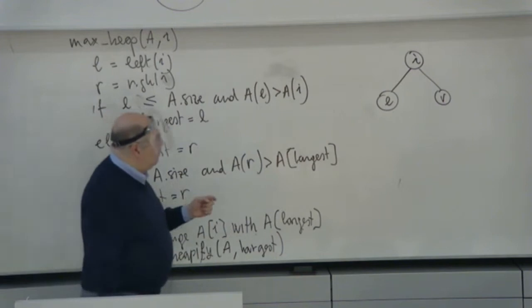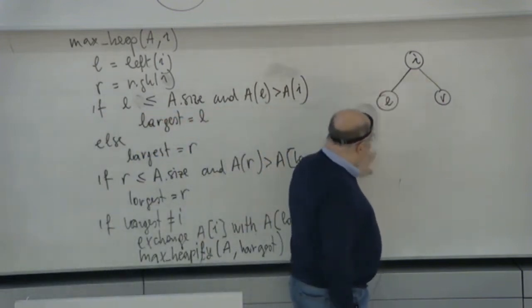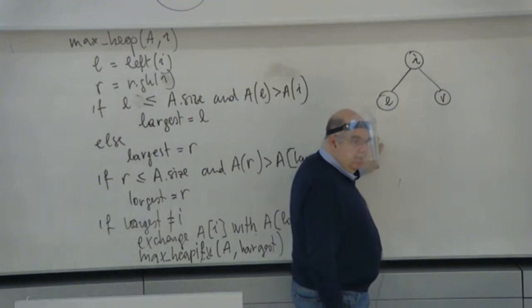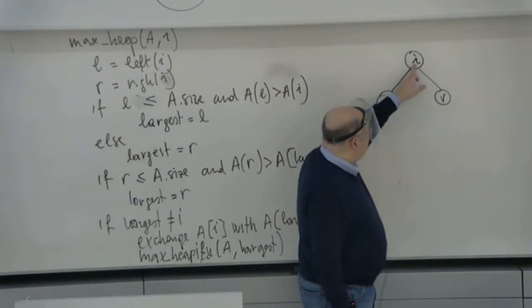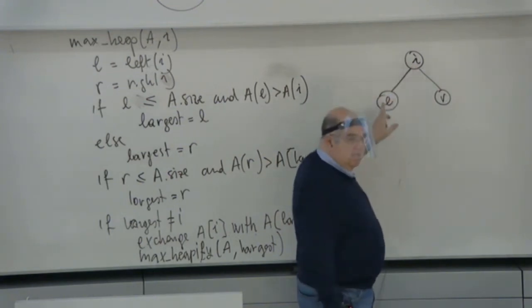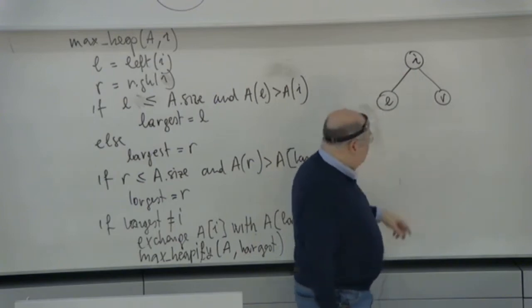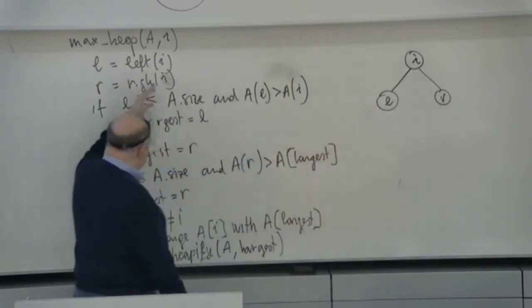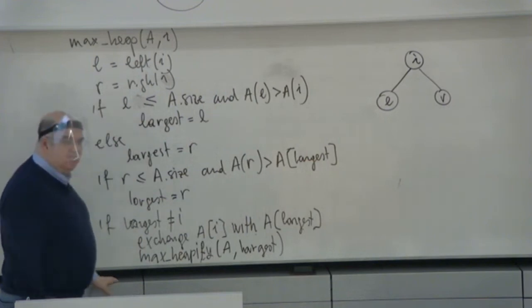We know that below this there is a tree which satisfies the property. So this is a max heap, and this is a max heap. Well, we don't know whether the key here is greater than the two values here or not. So the main part of this algorithm is just looking for the largest value.